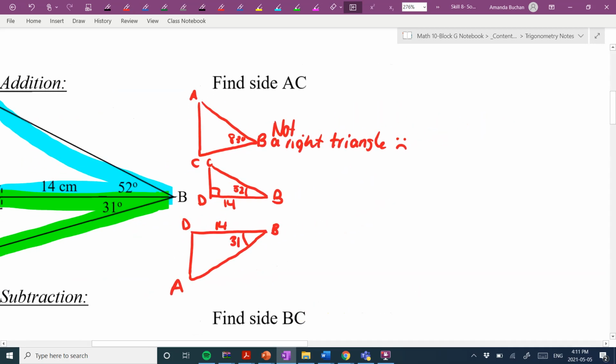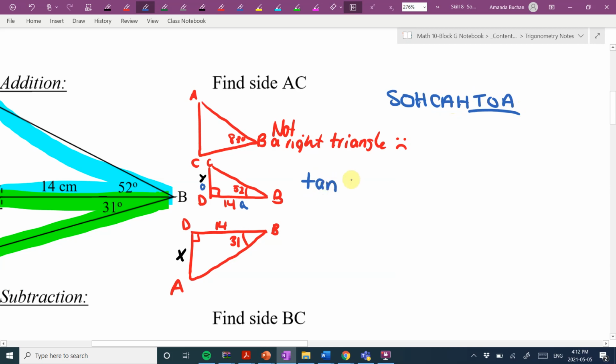So if I go back to my triangle drawings here, what I'm looking for are these two missing spots. Now, because these are right triangles, I can use my trig ratios. So here, I can use the fact that O is opposite and 14 is adjacent, and I can use SOHCAHTOA to find the missing side.